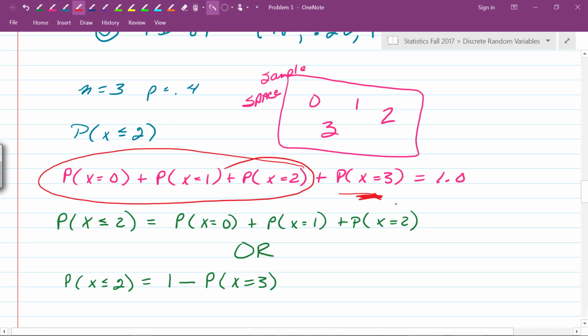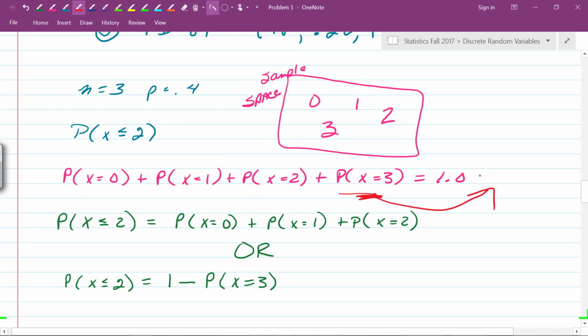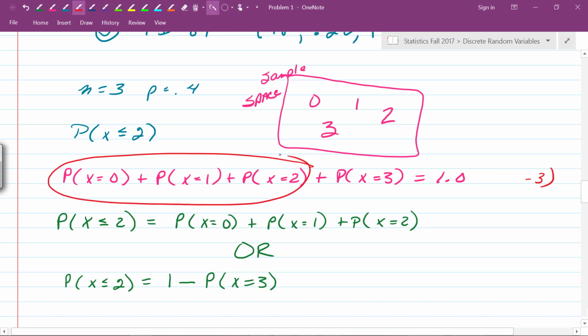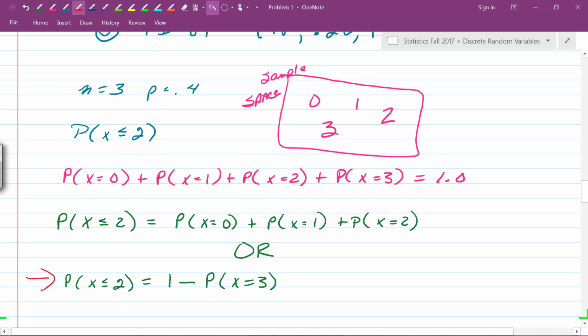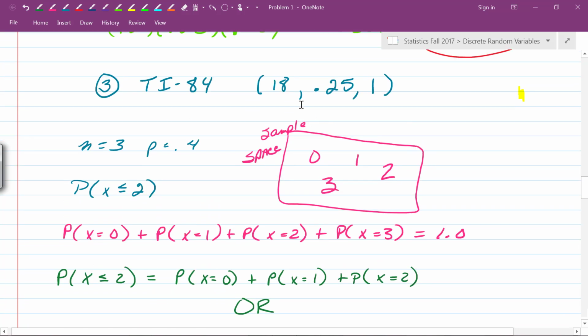So if I move it over here, I have 1 minus the probability that x equals 3, which gives me what's left on the left-hand side of the equation. Simple algebra. So I can either add those three probabilities together, or calculate one and subtract it from my total probability of 1. Let's solve this both ways. The first one is that we're going to take each individual probability and add them together.